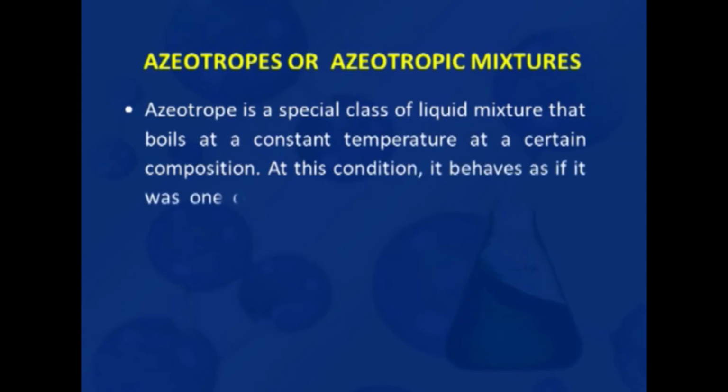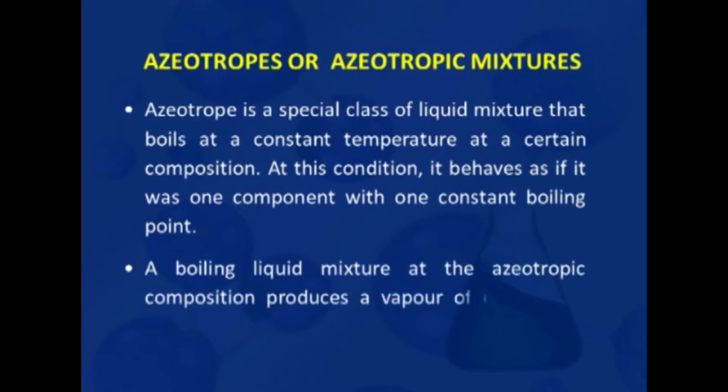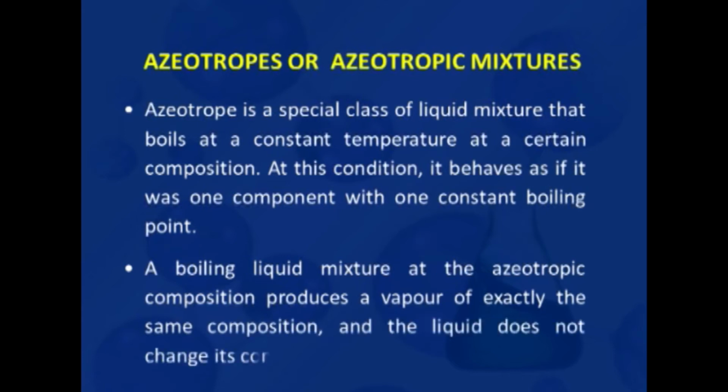At this condition, it behaves as if it was one component with one constant boiling point. A boiling liquid mixture at the azeotropic composition produces a vapor of exactly the same composition, and the liquid does not change its composition as it evaporates.